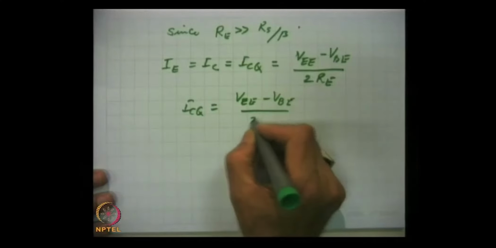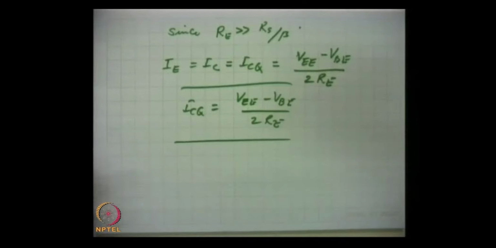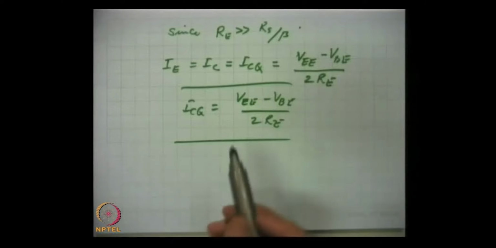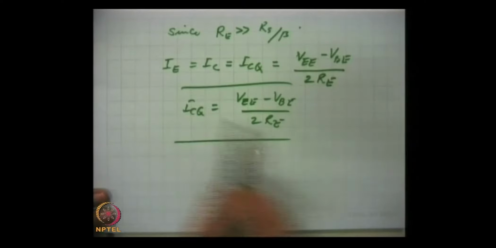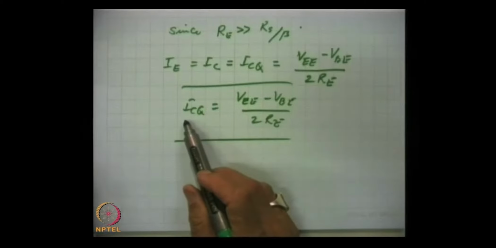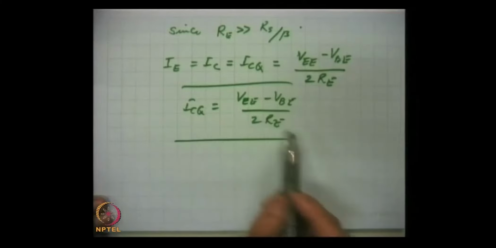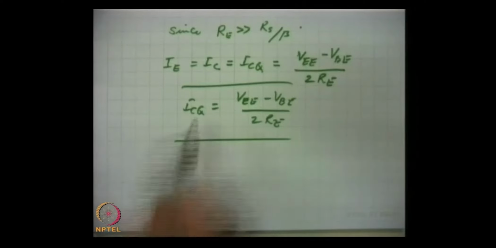But anyway, this is the quiescent current, and if we choose the current, we can find out what value of RE is required that will give that much current. Or if RE is fixed, then we can know what ICQ will be in the circuit.